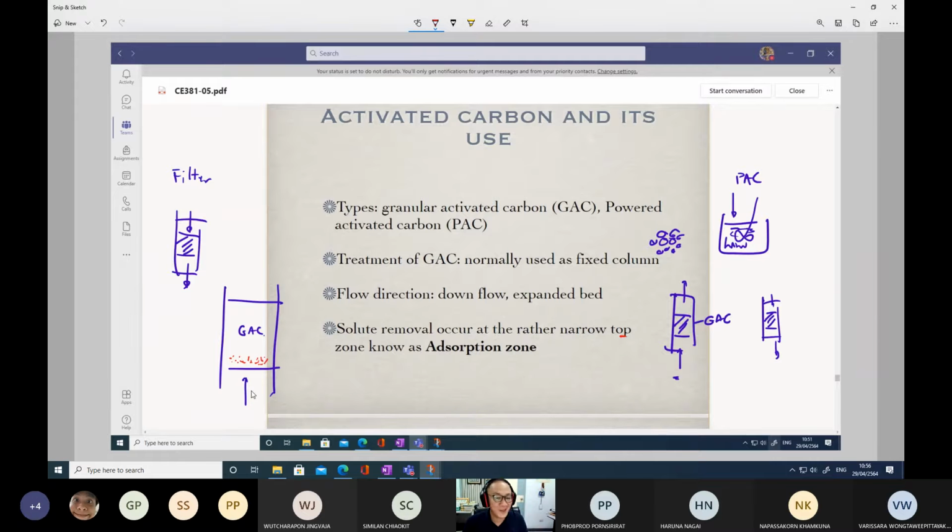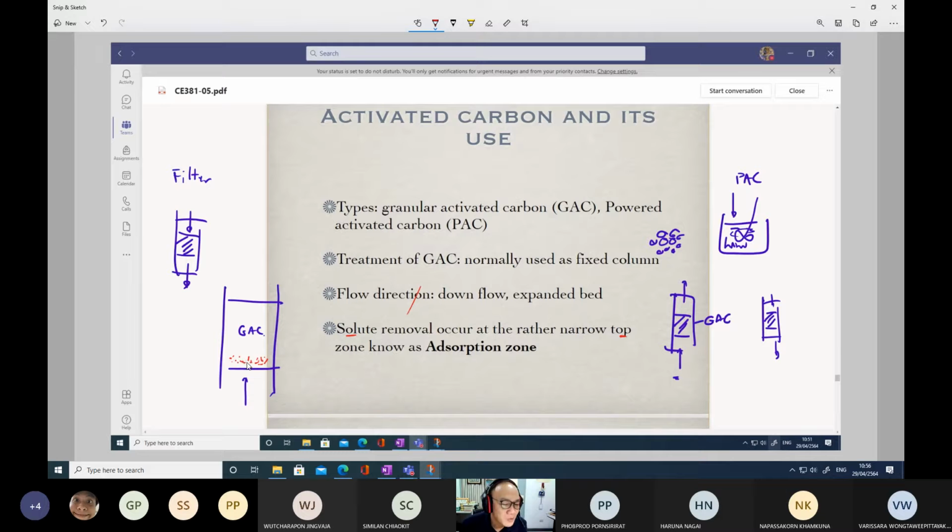So if we feed the water from bottom to top, here will be the zone where the solutes get adsorbed onto the adsorbent.